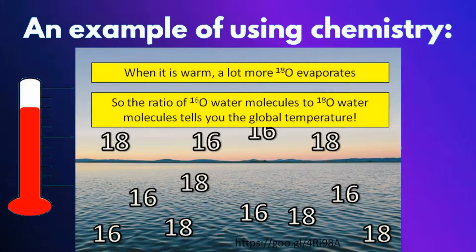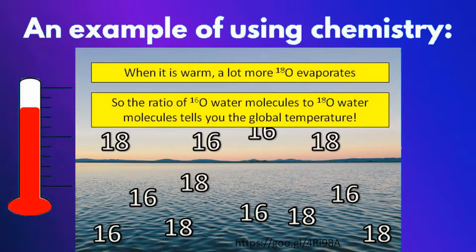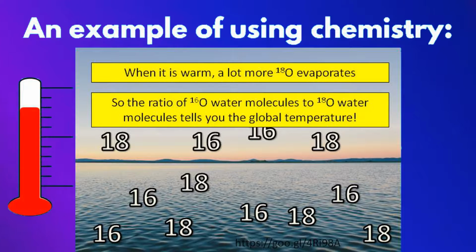If the world's oceans are warmer, there's relatively large amounts of oxygen-18. When the world's oceans are cooler, there's relatively less oxygen-18 in the atmosphere, just because these 2 different isotopes of oxygen, when they're bound to 2 hydrogens and make water, evaporate at different rates.